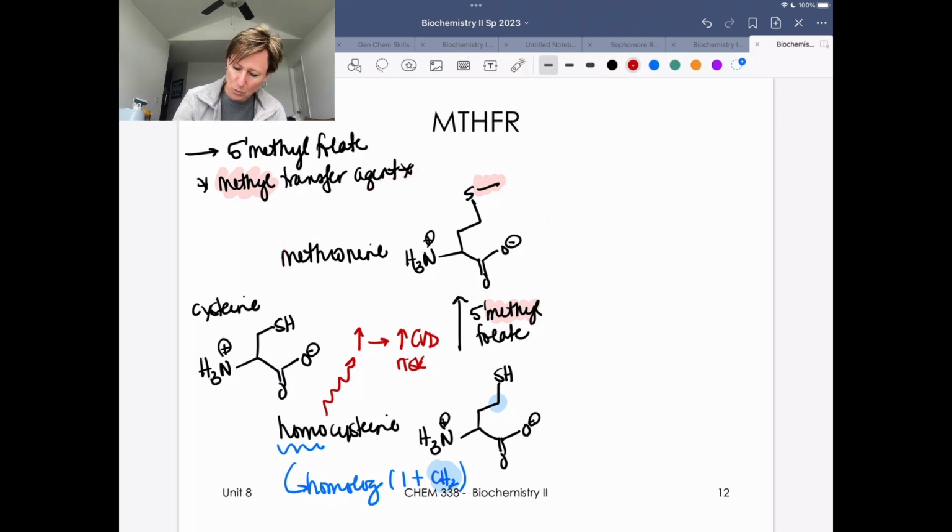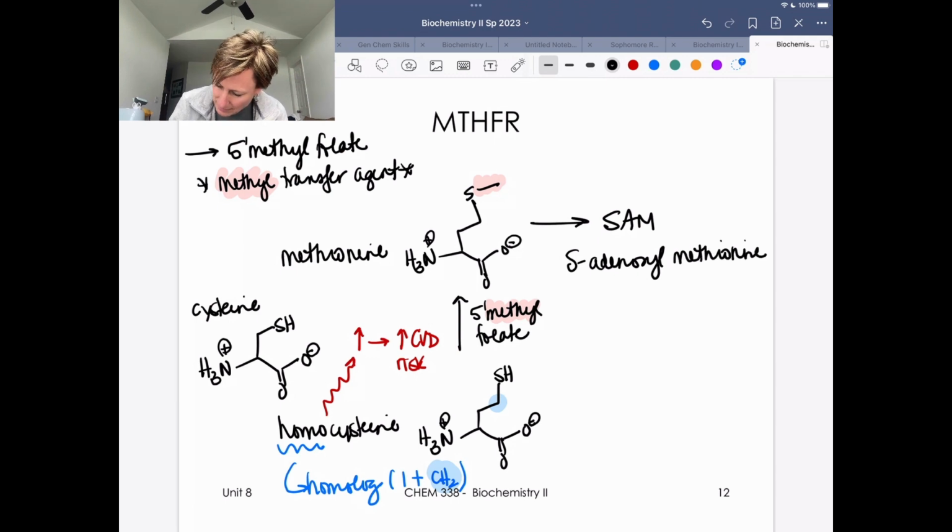Methionine is important because methionine is used to make SAM. SAM is S-adenosyl methionine. And really all that we're doing is that adenosyl group is basically adenosine. It's that nucleobase that we're just adding there.